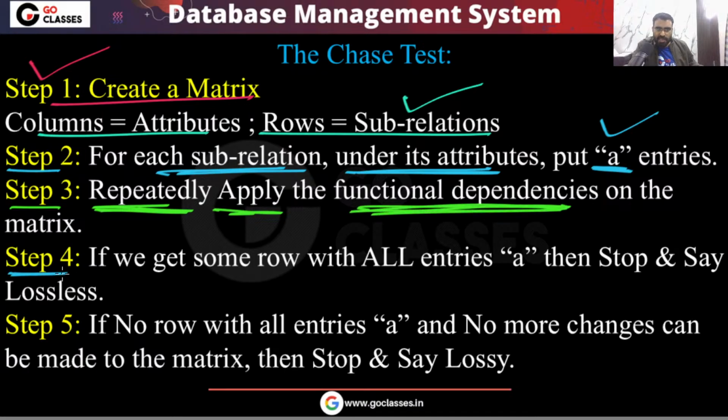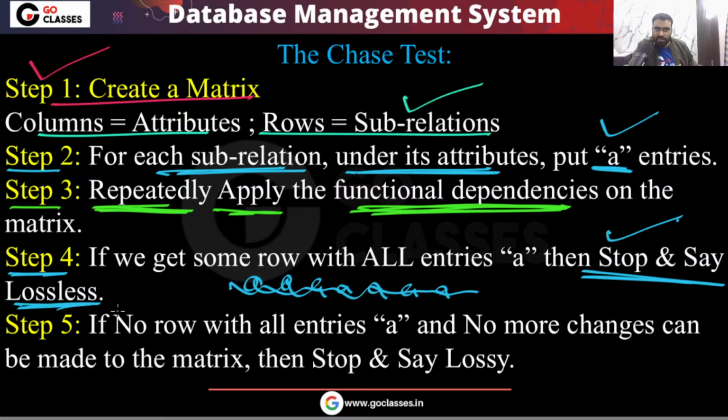Step number 4: if we get some row, some tuple, where every entry is A, then you can stop and say that the decomposition is lossless.